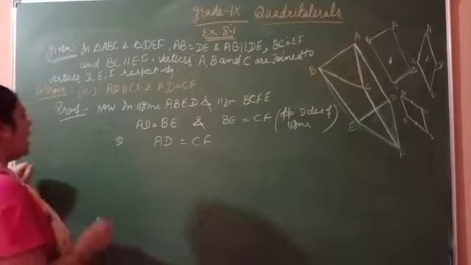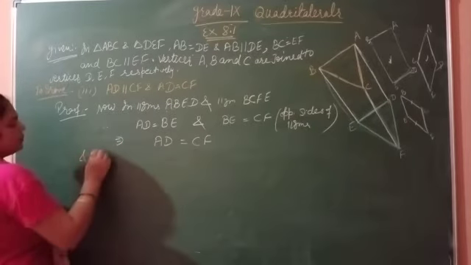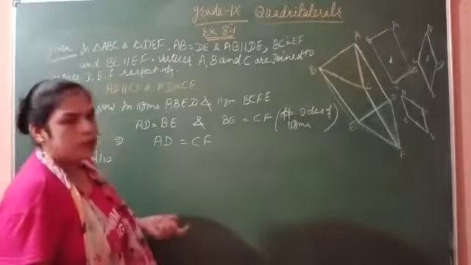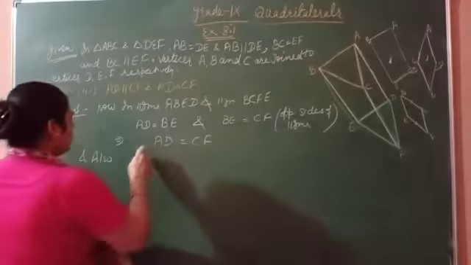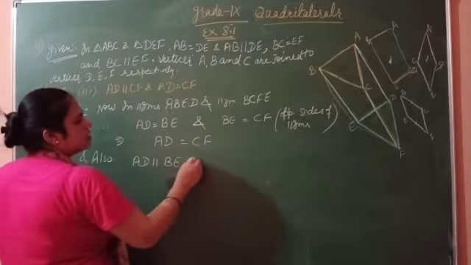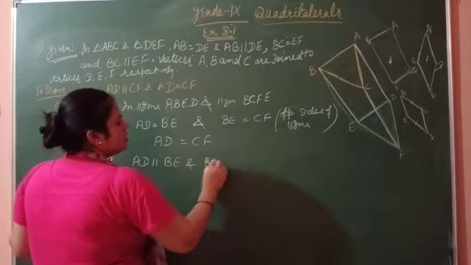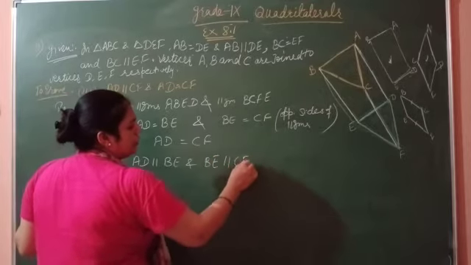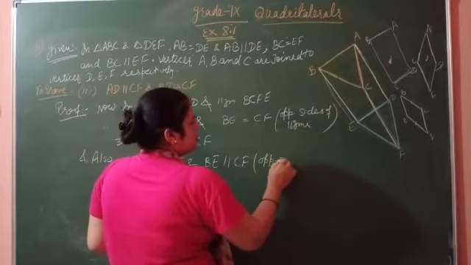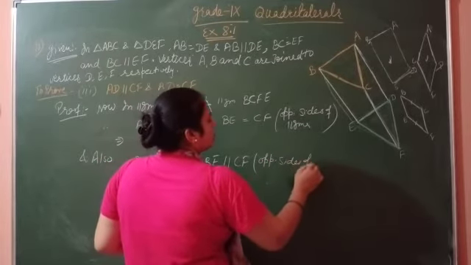This is done. And also, if these are parallelograms, opposite sides are equal and also parallel, so AD is also parallel to BE and BE is also parallel to CF. Clear? So opposite sides of a parallelogram are parallel.